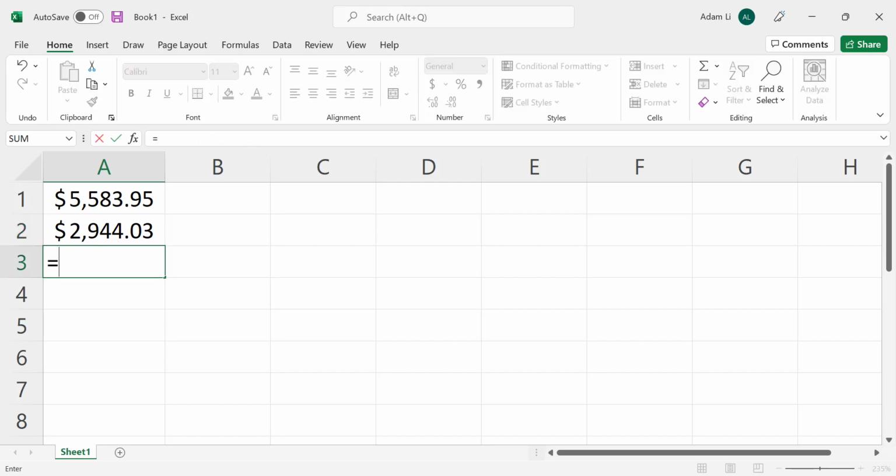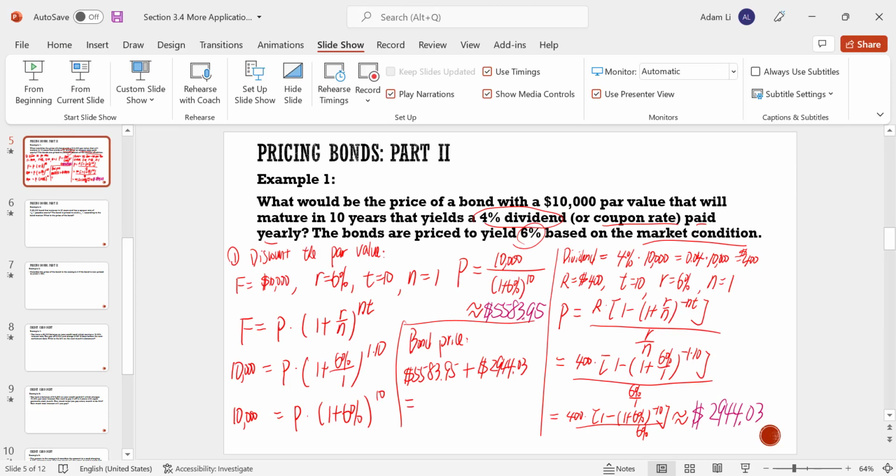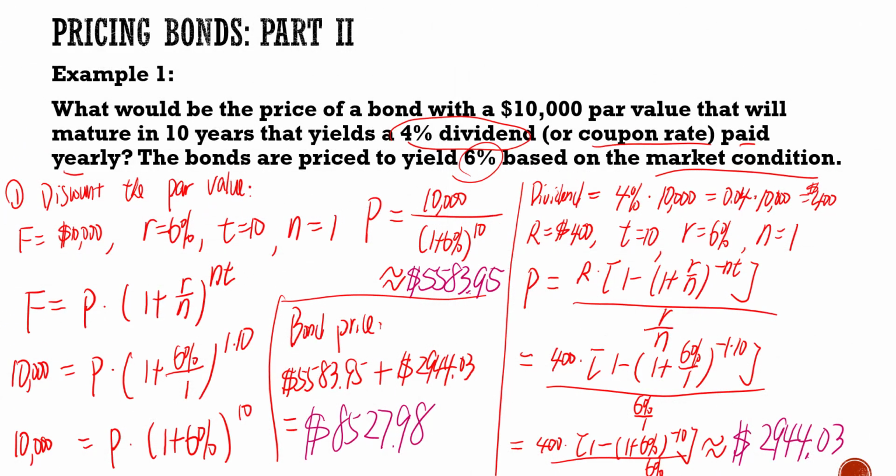So the total is $8,527.98. Okay, so this is the bond price.